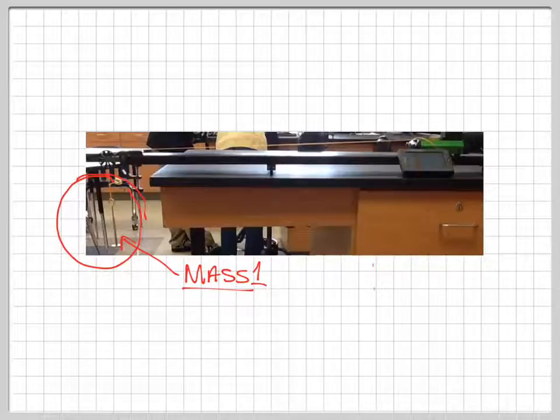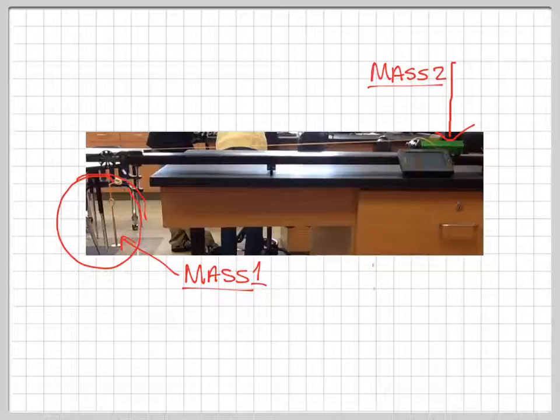And we'll call the cart mass 2. So, every single time we do the lab, we're going to take a weight off of mass 1 and put it onto mass 2. The total weight is going to stay the same. We're never going to set a weight on the lab table. So we're always reducing mass 1 and adding to mass 2.